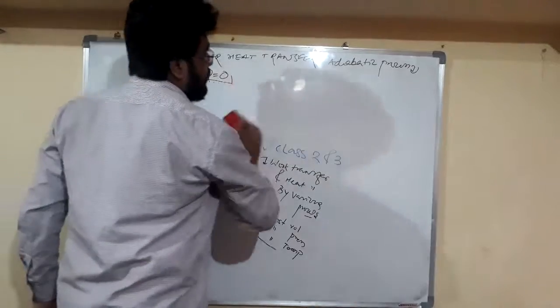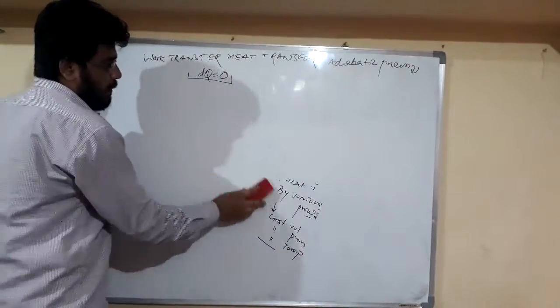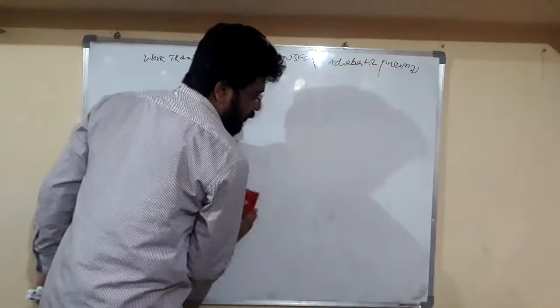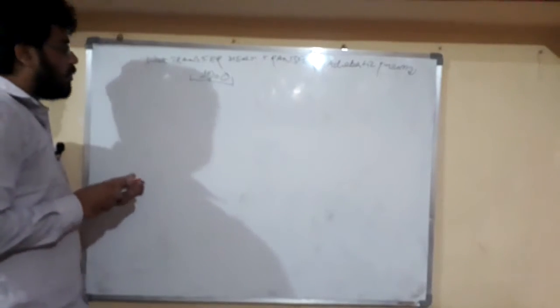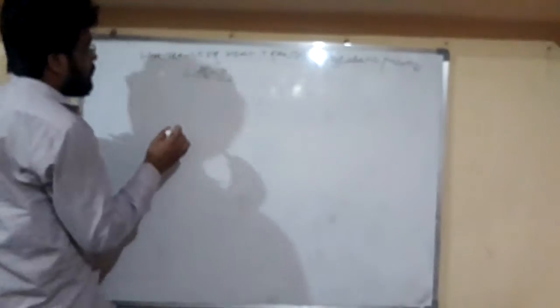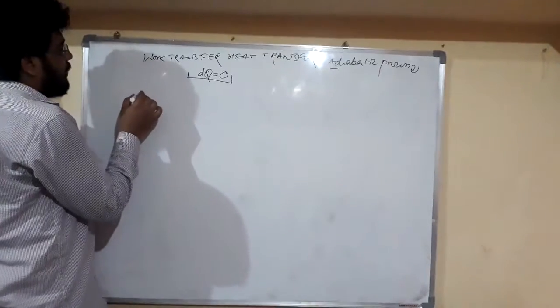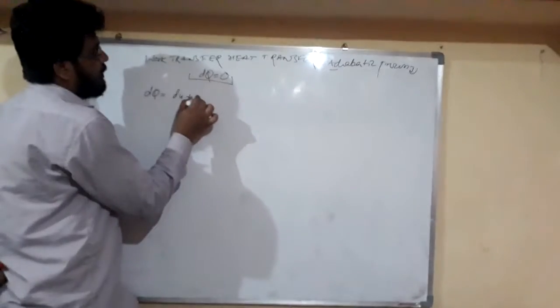Now friends, as we know that this is a process, so we will apply our first law of thermodynamics for the process. Here we want to derive the equation for work transfer and heat transfer for adiabatic process. So dear friends, we know our first law: dq is equal to du plus dw.